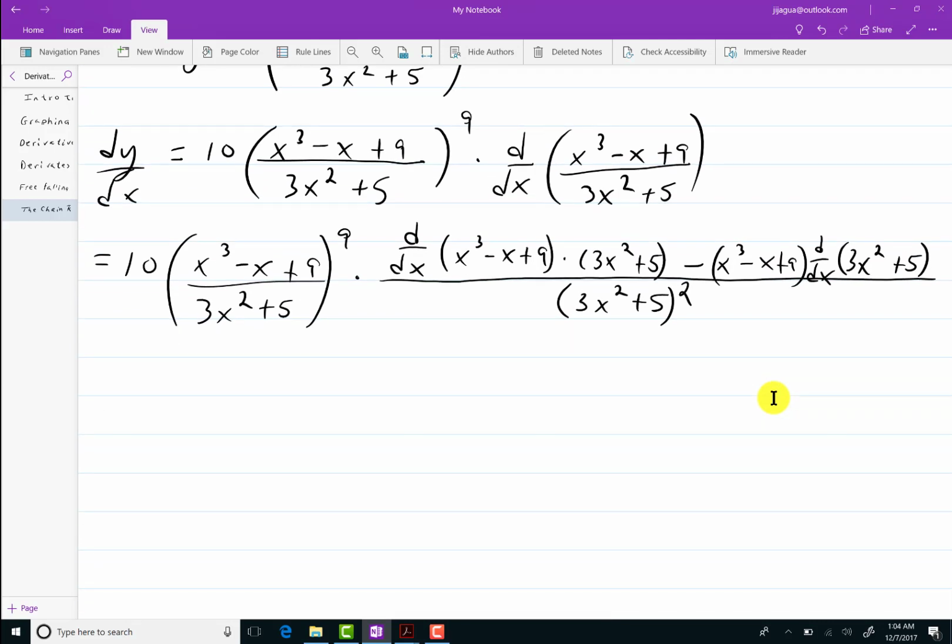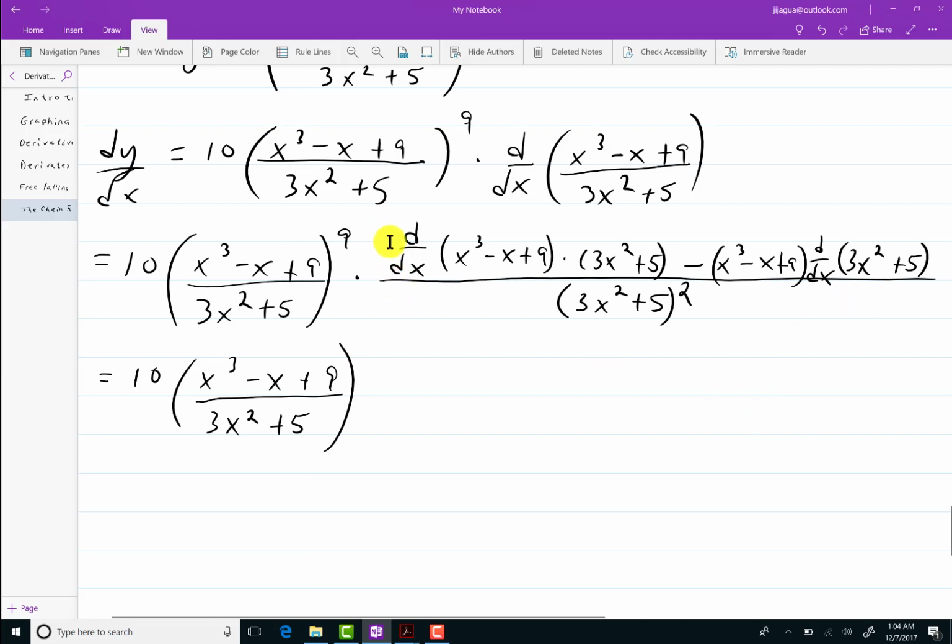Let me go ahead and put in my derivatives. I have 10 times (x cubed minus x plus 9) all over (3x squared plus 5).